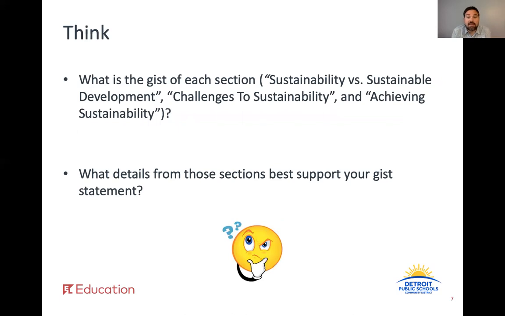Now that you've had a chance to look at the text again, I want you to think about a couple of things. Remember, the gist is your initial thinking about what the text is mostly about. The central message or idea is the thing that the author wants you to take away after reading the text. So what is the gist of each section? Sustainability versus sustainable development, challenges to sustainability, and achieving sustainability. Remember, one gist statement for each section is sufficient.